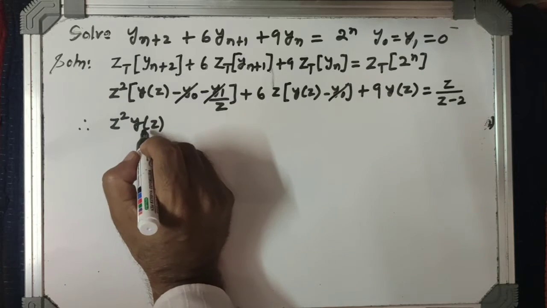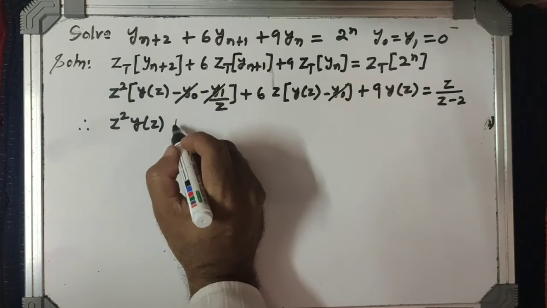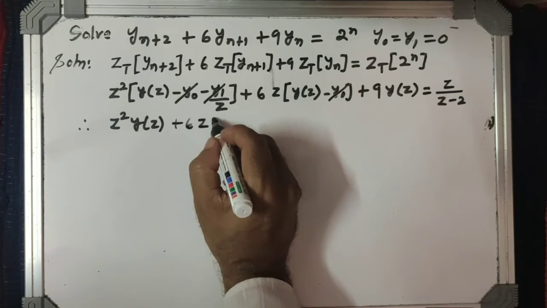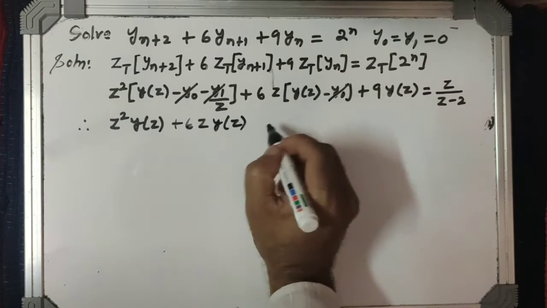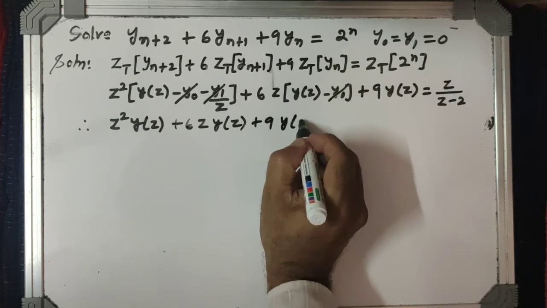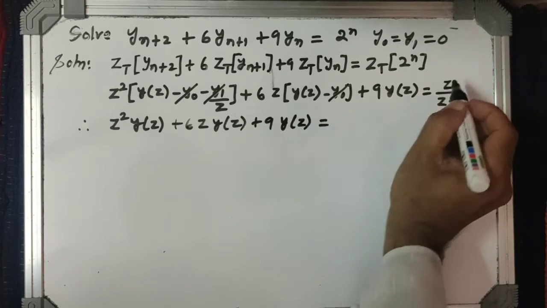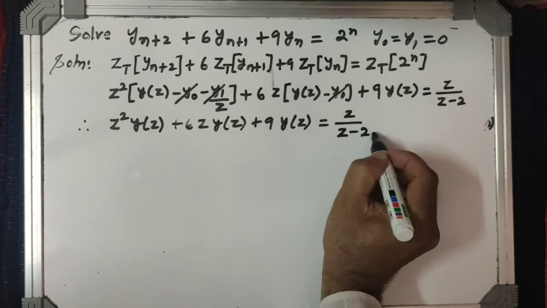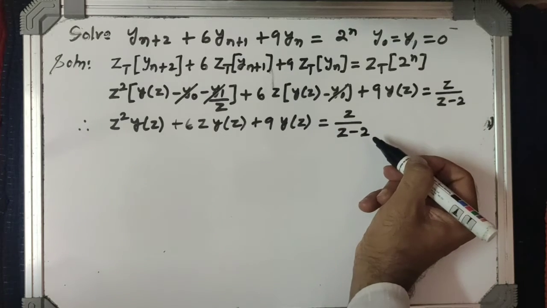So we are remaining with Z squared into Y(Z) plus 6Z into Y(Z) plus 9 into Y(Z), which is equal to the right hand side, Z by Z minus 2.